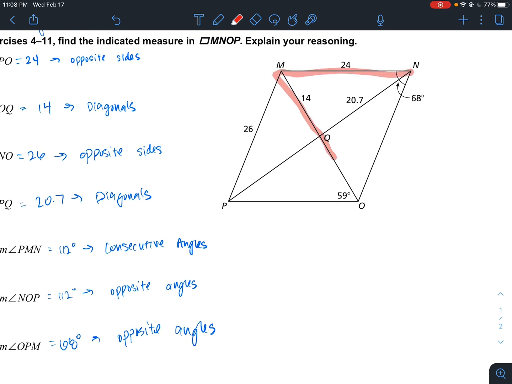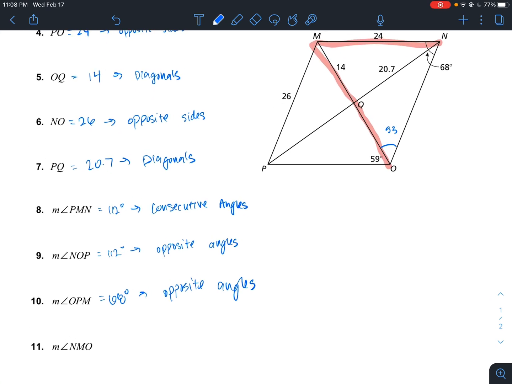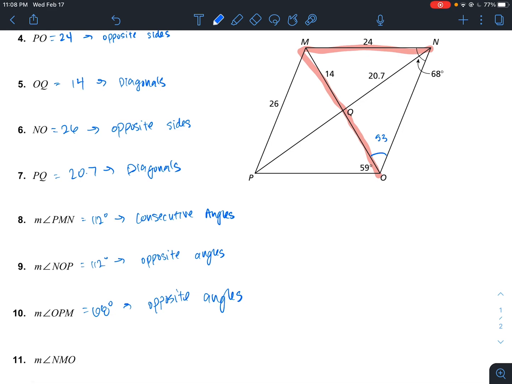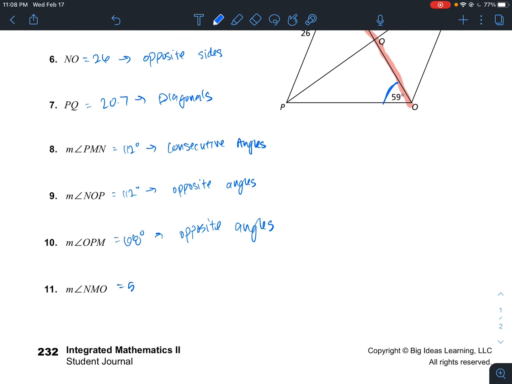Now first of all, we found that this was 53, right? Well, I guess that's irrelevant, sorry. But we do know that this angle right here and this angle are alternate interior angles, and that means they are congruent, so this has to be equal to 59 degrees. And that's from the alternate interior angles theorem.